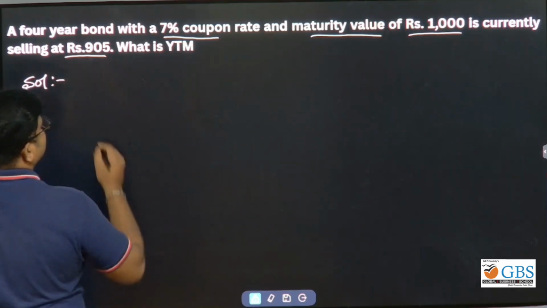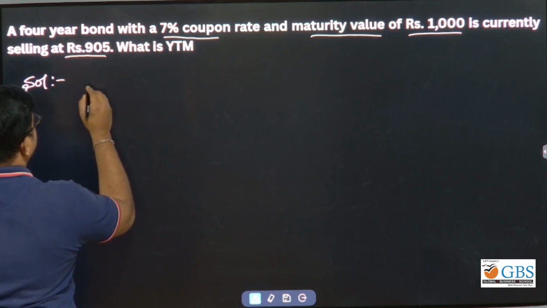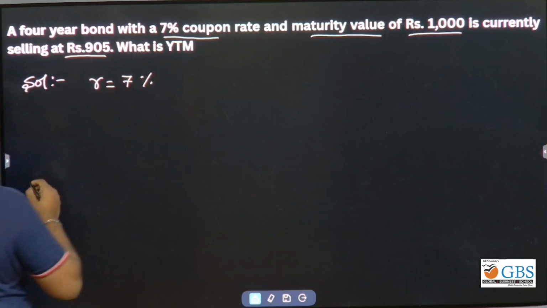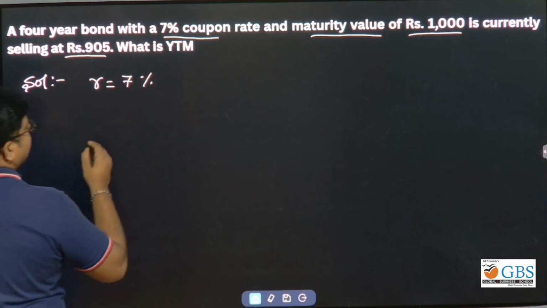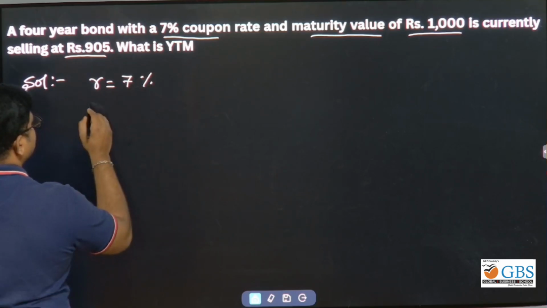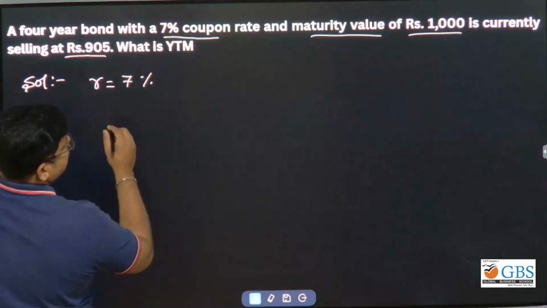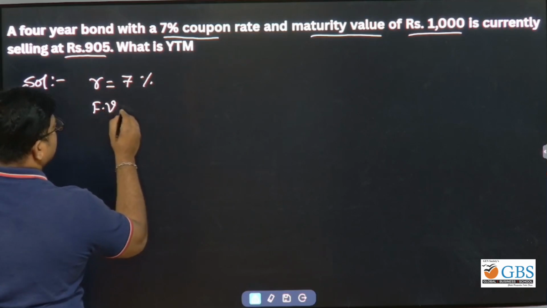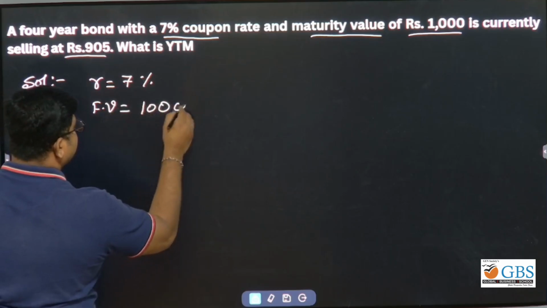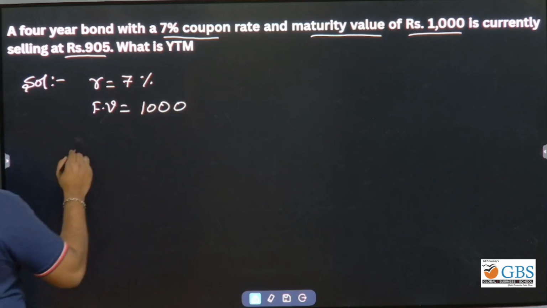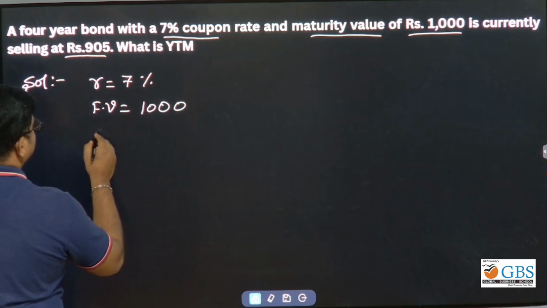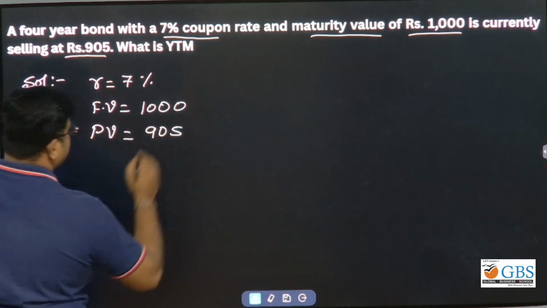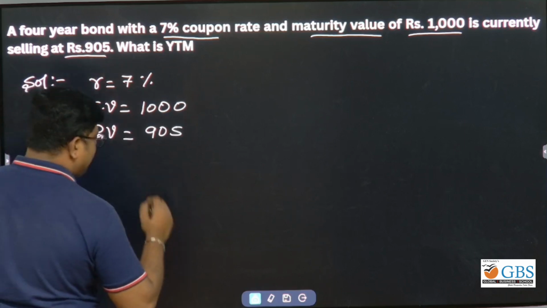Coupon rate, that is interest rate, R is equal to 7%, and maturity value, that is face value, is 1000. Then the selling market price, present value, is 905.